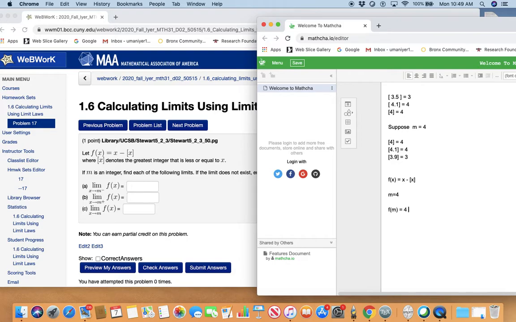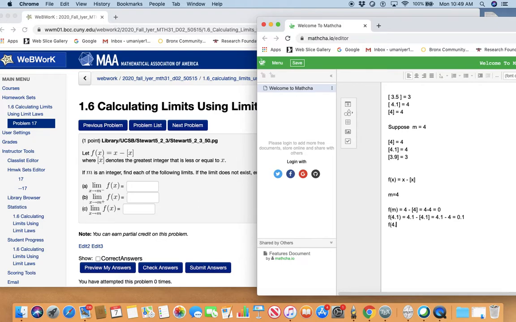It is 4 minus box 4, which is 4 minus 4, that is 0. Okay, m is 4. I've just plugged in. What is to the right of m? So f of 4.1. Well, x is 4.1 minus box 4.1. What do I get? 4.1 minus 4, that is 0.1.